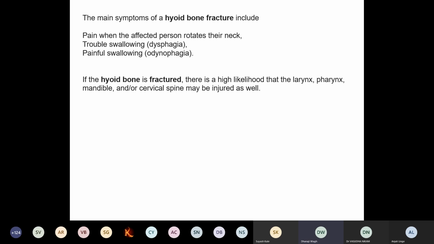The symptoms of these fractures are pain, trouble in swallowing, painful swallowing, and pain when the affected person rotates the neck or changes position. If the hyoid bone is fractured, there is a high likelihood that the larynx, pharynx, mandible and or cervical spine may be injured.